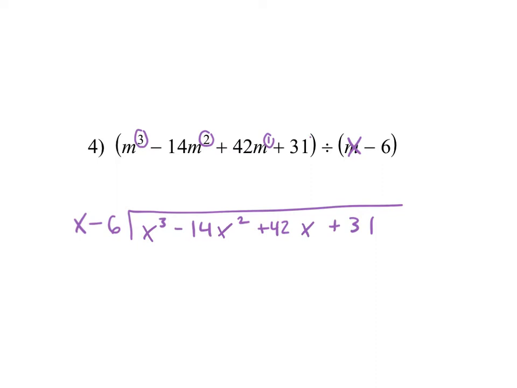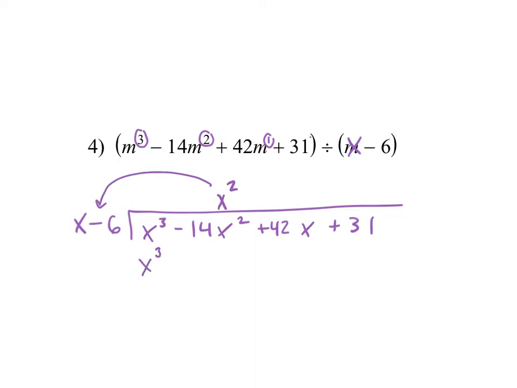All right, what times x gives us x cubed? X squared. What do we do once we write something on top? Multiply it by everything on the outside, so it's x squared times x. X cubed.